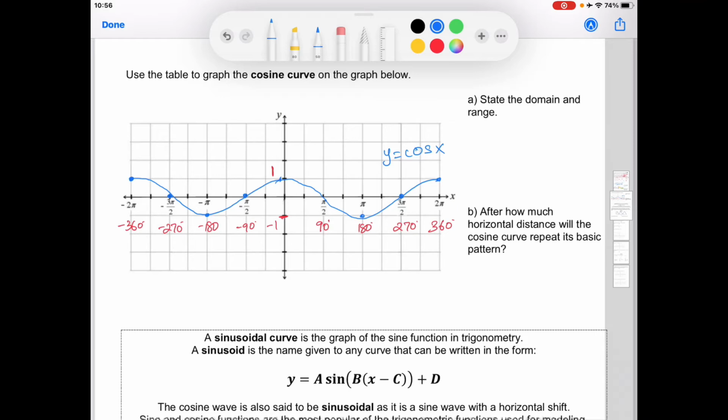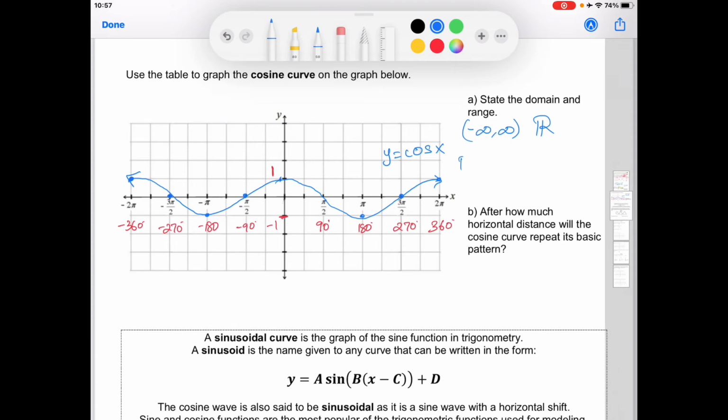You can use the calculator also, but I'm not going to get into the calculator part till later. So this is what it looks like. Look at your domain and range, and you can put arrows at the end. The domain, looking from left to right, goes on forever, so it's negative infinity to infinity, all reals.